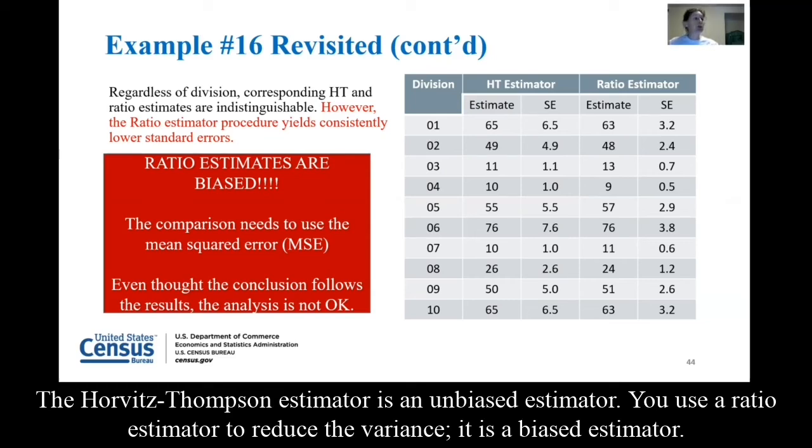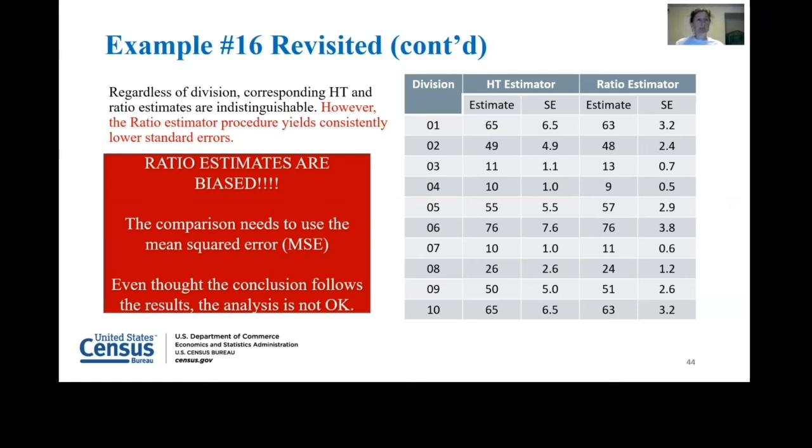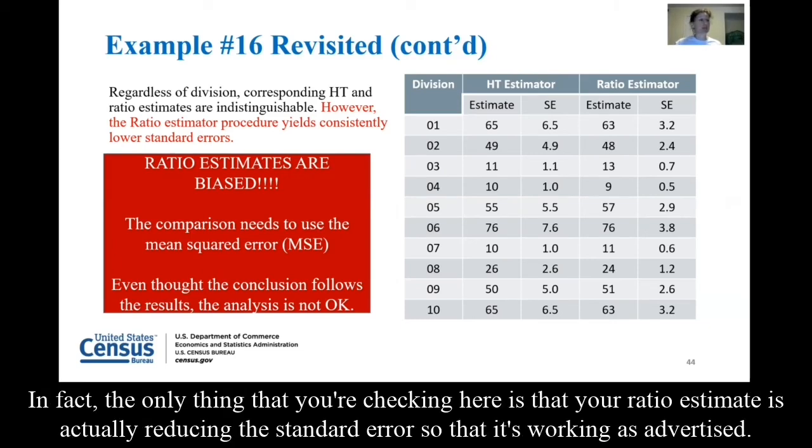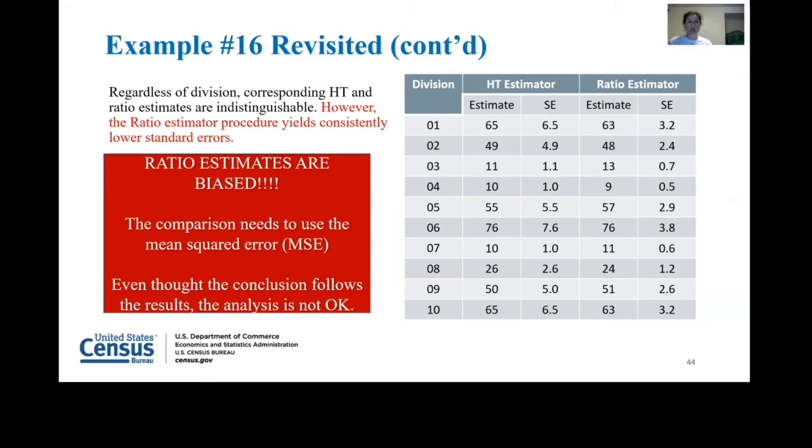You use a ratio estimator to reduce the variance. It is a biased estimator. The appropriate comparison is the mean squared error, not the standard errors. In fact, the only thing that you're checking here is that your ratio estimate is actually reducing the standard errors. So it's working as advertised.